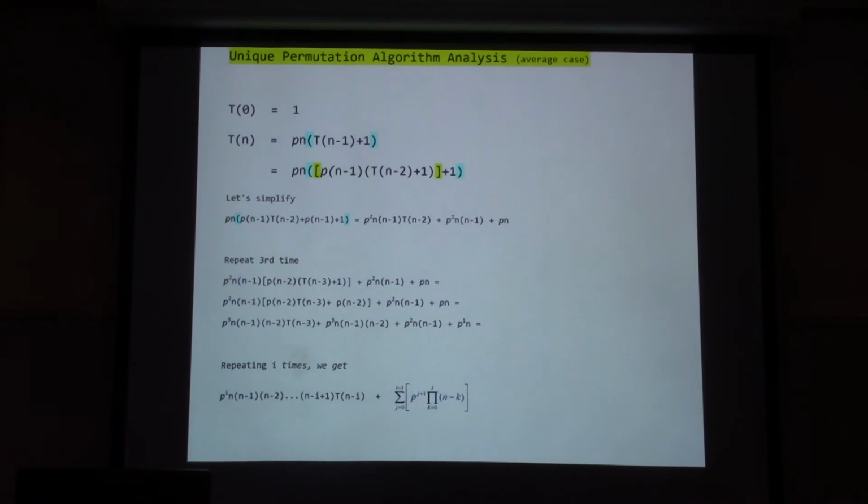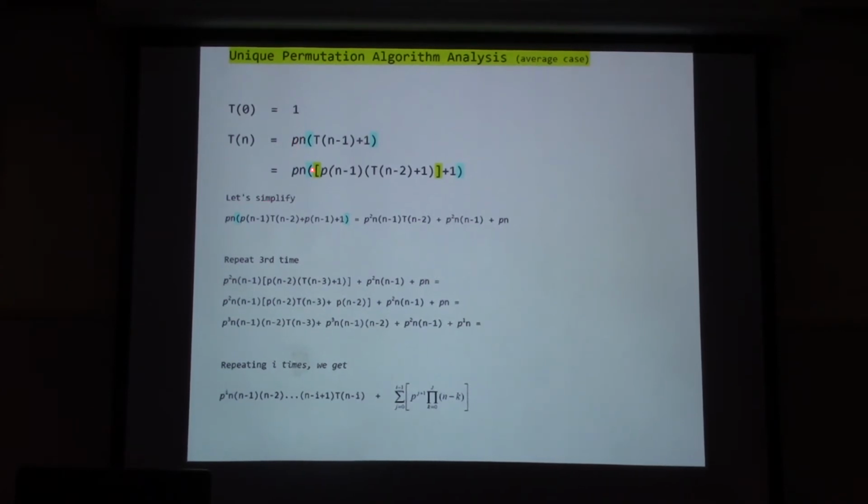My last analysis, I'm just going to go through this quickly, so don't worry about the details of it. What we're going to do is use unique permutation analysis for the average case. And it's very difficult to define what average case is, but I'm going to toss in a parameter, p, for probability. So I'm going to say the probability is fixed. So probability is the probability that we have that same letter occurring again. Okay, so I'm going to put in a p here.